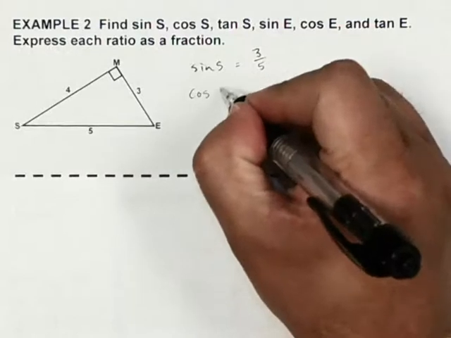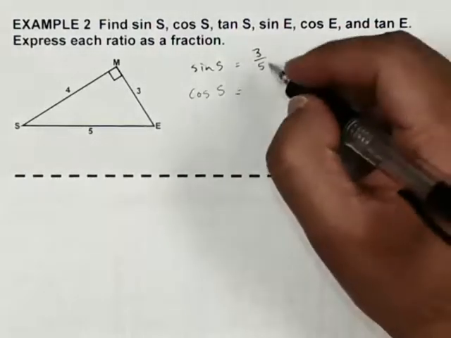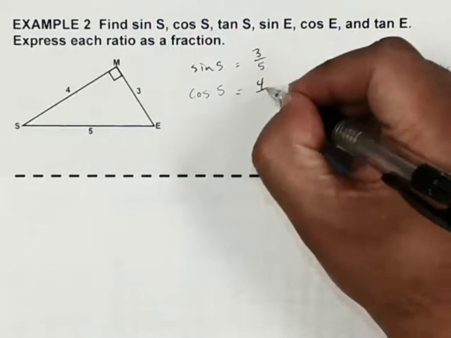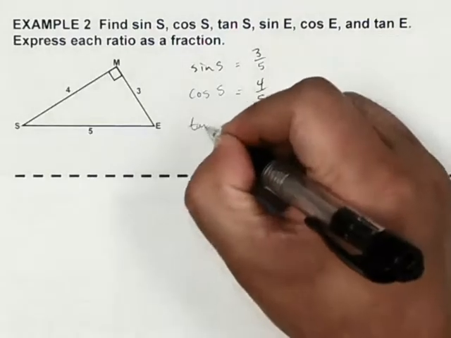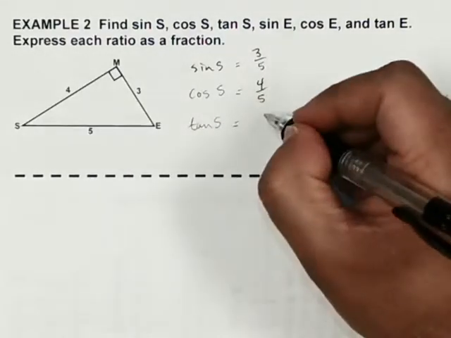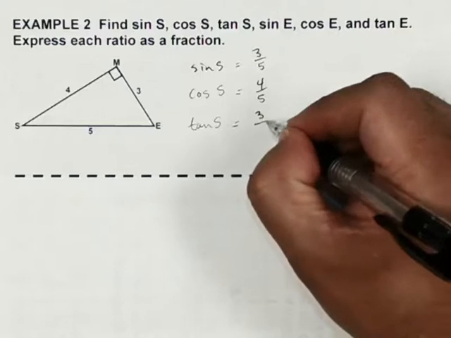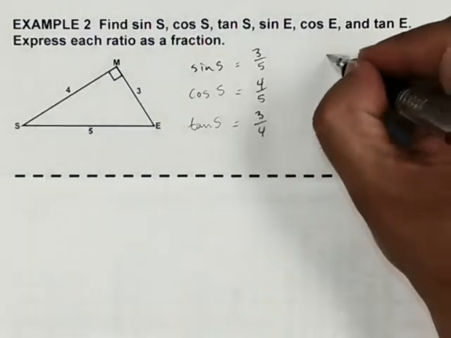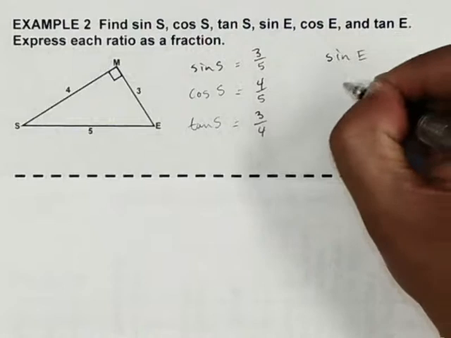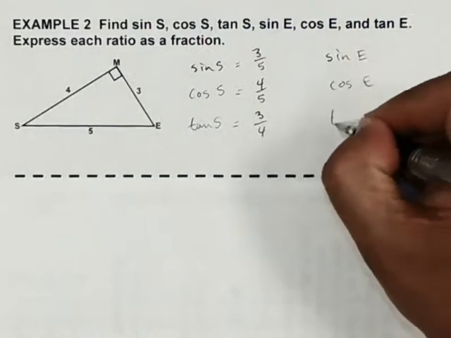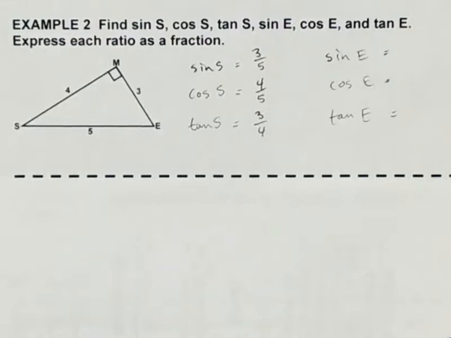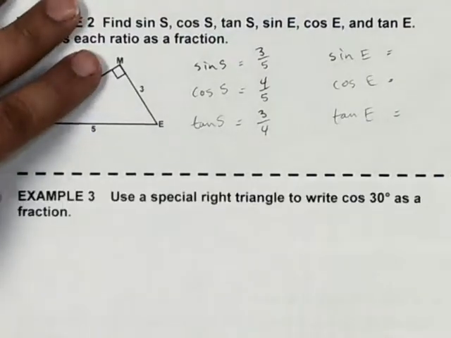The cosine is going to be 4 over 5, and the tangent would be 3 over 4. I'm going to let you do the sine of E, cosine of E, and the tangent of E. I'll leave that up to you to finish off.